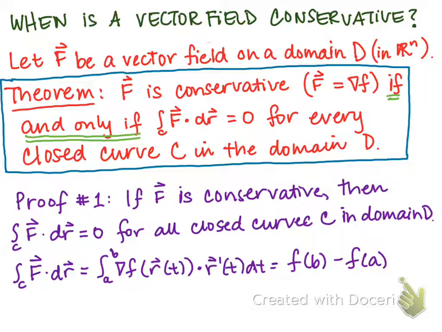But if C is a closed curve, then A and B are equal. Therefore, that equals 0. And we already talked about that in the previous lecture segment from the fundamental theorem of line integrals.